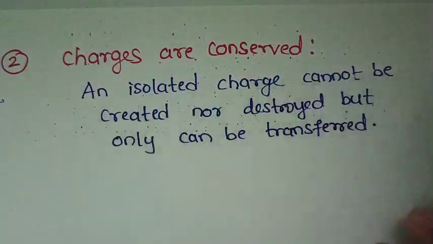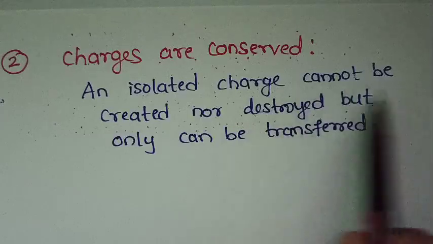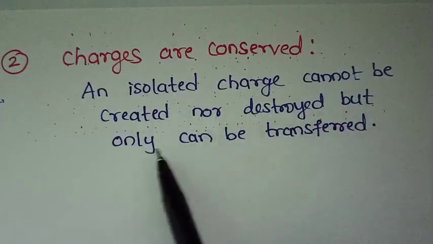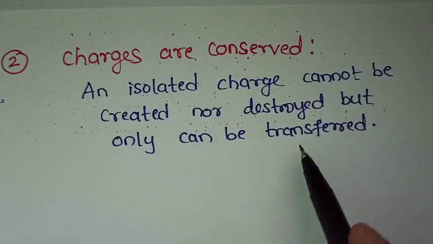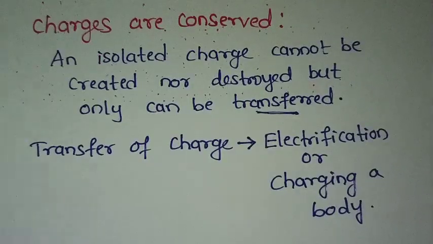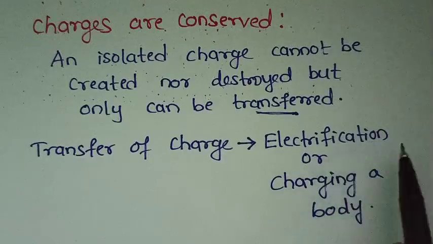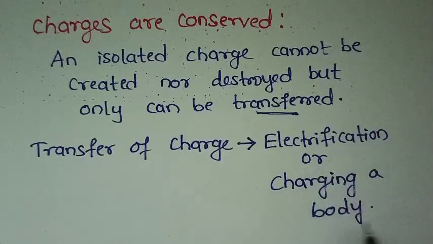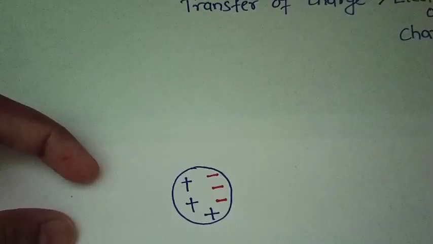I have written the statement here: an isolated charge cannot be created nor destroyed, but can only be transferred. Now what do we mean by transfer of charge? Transfer of charge means electrification, or charging a body. How we charge a body, we'll see later on. How a body gains positive charge or negative charge, we'll see now.